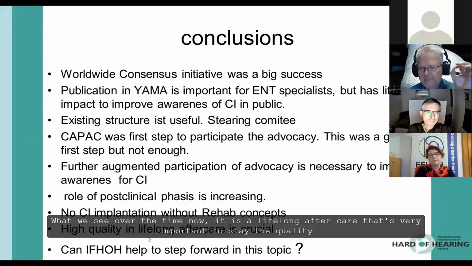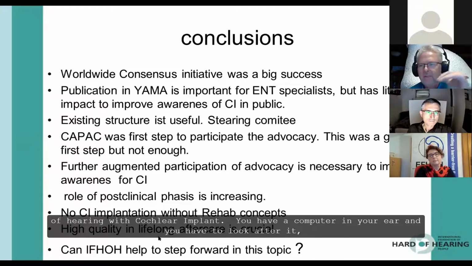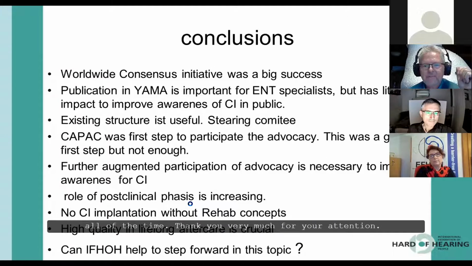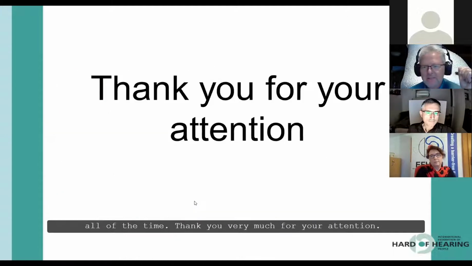That is very important to maintain the quality of hearing with a cochlear implant. You have a computer at your ear, and you have to look after it all the time. Thank you very much for your attention.